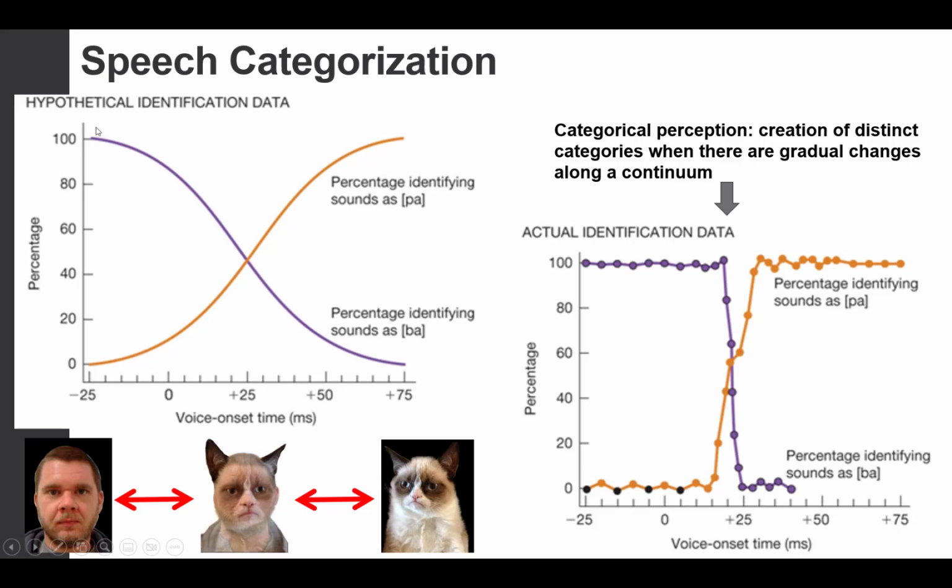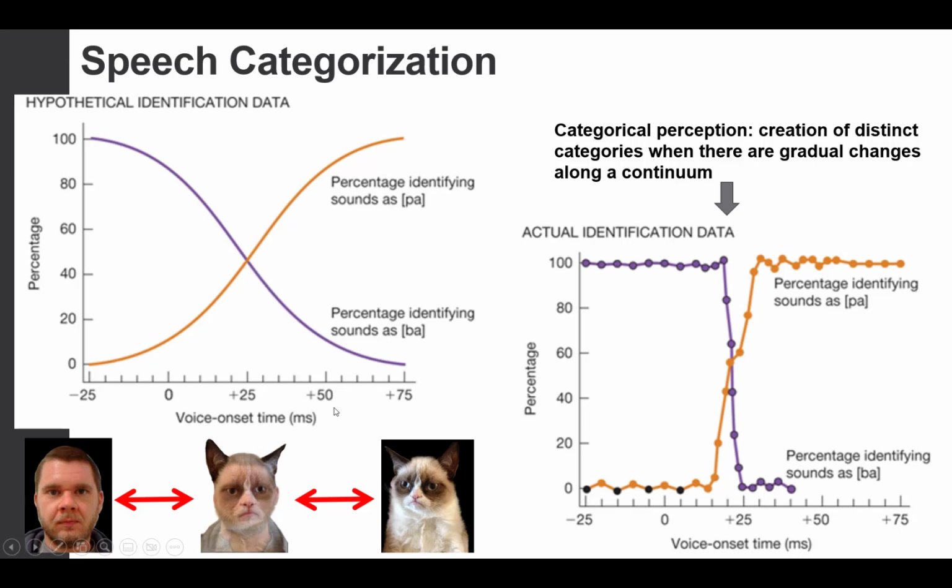As we included more Grumpy Cat, you would expect that to drop down a little. People might say Grumpy Cat, but still 80% of the time they would say it's Dr. Miller. As we hit this 50-50 mark, about half of the time people would say it's Dr. Miller, half the time they would say it's Grumpy Cat.